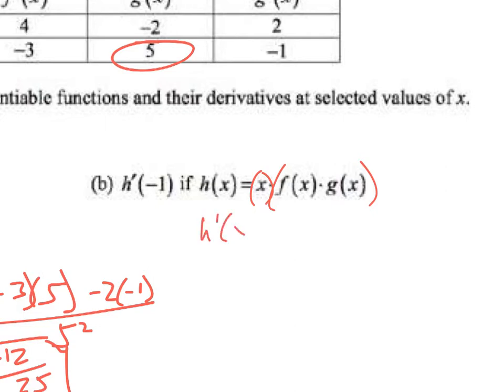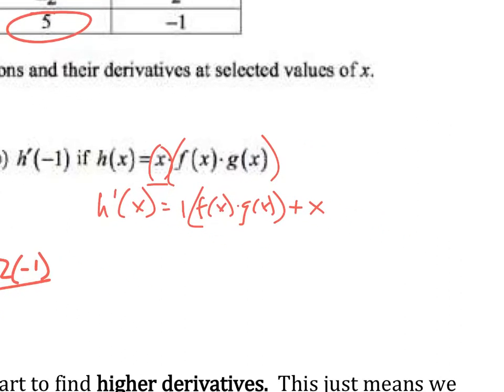So h prime of x is derivative of the first, which is 1, times the second, f of x, times g of x, plus the first, which is x, times the derivative of the second. Well, we'll have to think about that in our next step. Derivative of f of x, g of x. That guy is going to need the product rule.